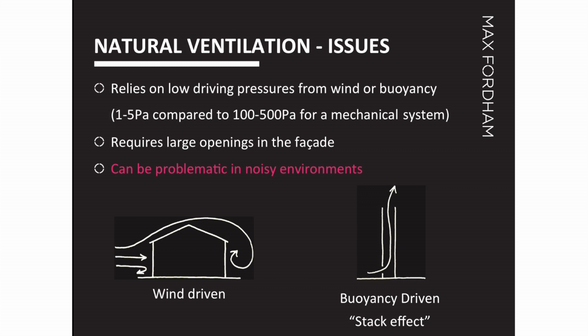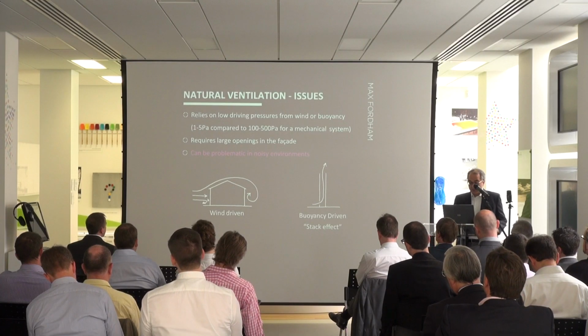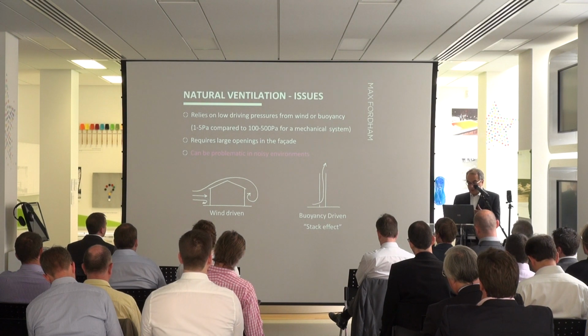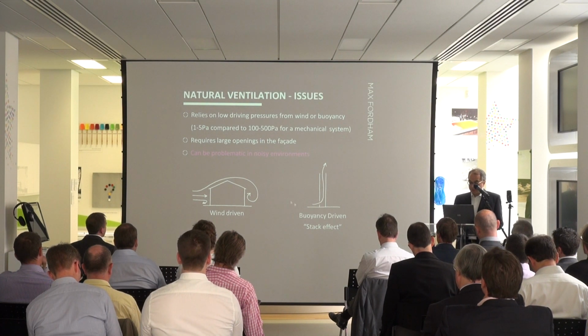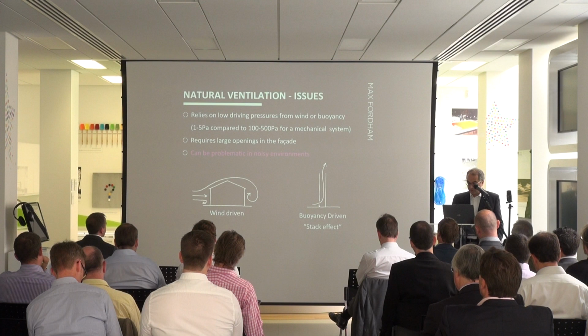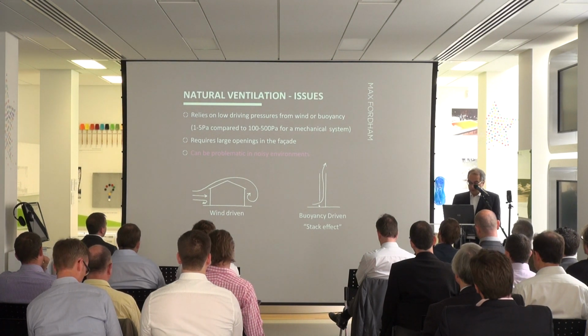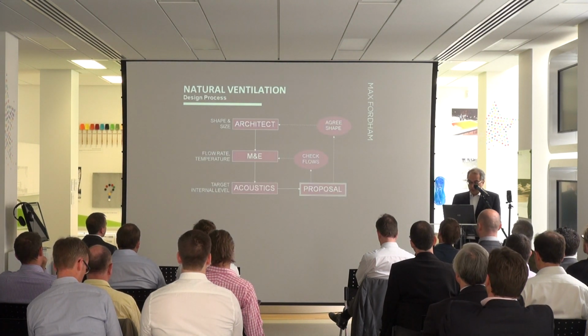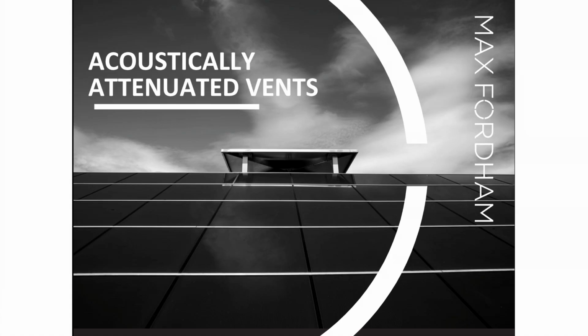And it requires large openings in the facade, but because of these large openings, it can be problematic in noisy environments. So these two figures here illustrate the pressure generated by wind as the driving force for ventilation, or the buoyancy effect due to different densities of the air. Maybe I'll come back later to this.